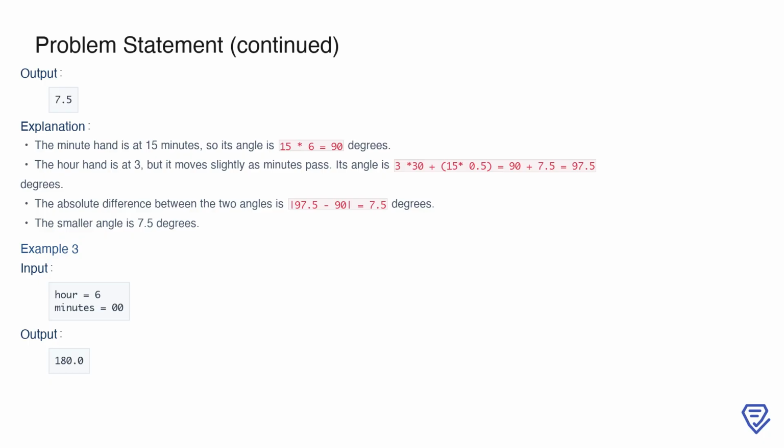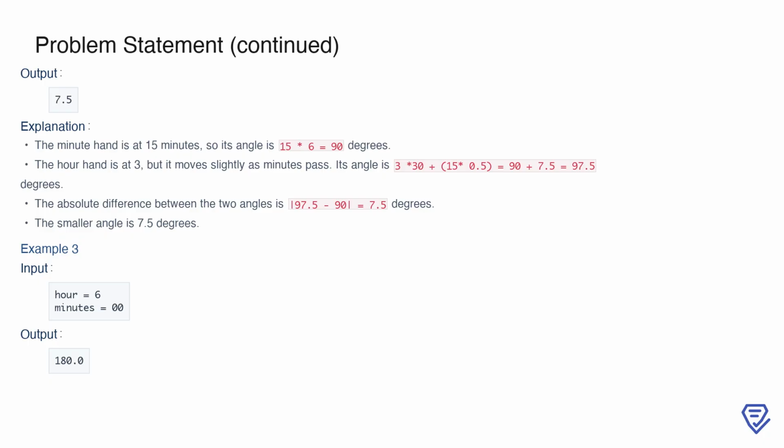This additional movement is 15 multiplied by 0.5, which equals 7.5 degrees. Adding these together, the hour hand is at 97.5 degrees. The absolute difference between the two angles is 97.5 minus 90, which equals 7.5 degrees. Since this is the smaller of the two possible angles, we return 7.5 as the result.